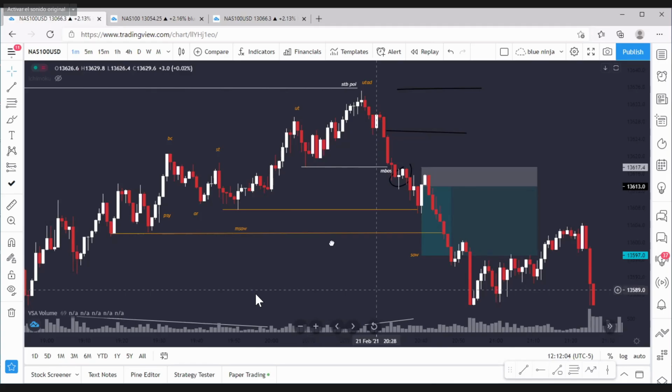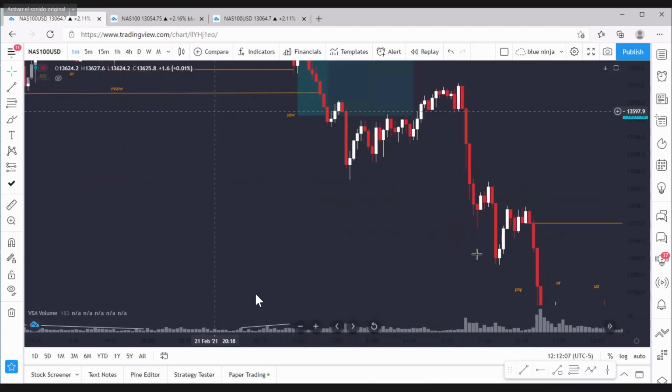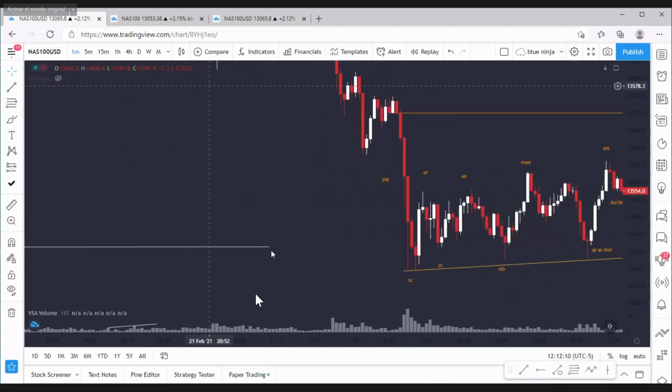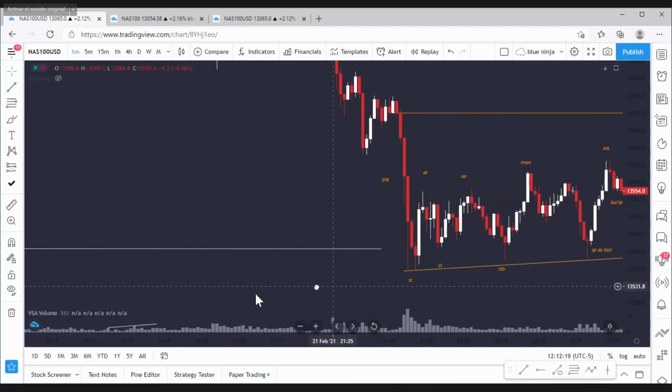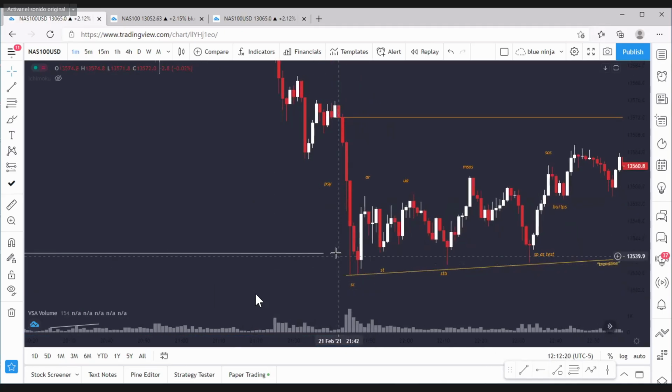Right, my first target and my first take profit was other 15-minute lows, other structures. It was basically in this area here, and as soon as I reached my target, I did take profit over here, and I was looking at this, what started to look to me like an accumulation.